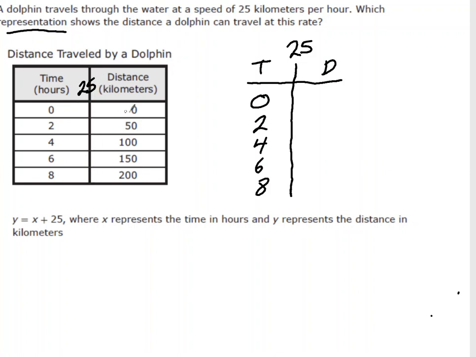So 0 times 25 is 0. 2 times 25 is 50, 100, so it seems like our calculation matches. I like to have a data table to start with. Okay, so I would say that matches.